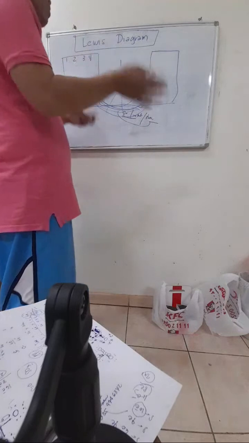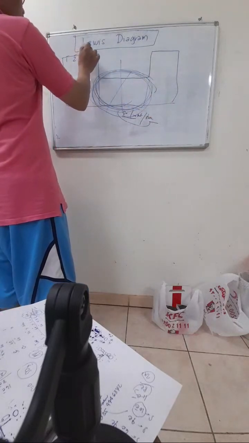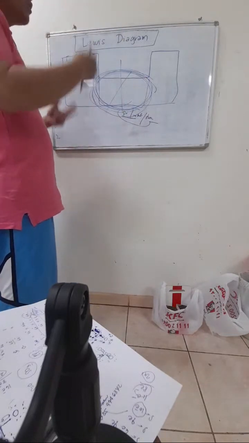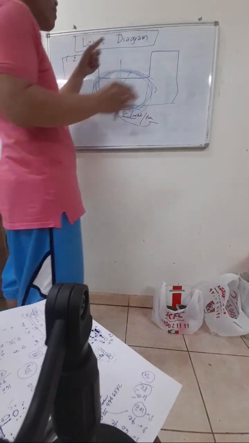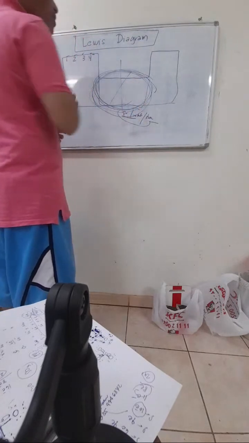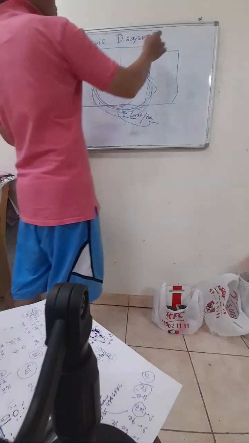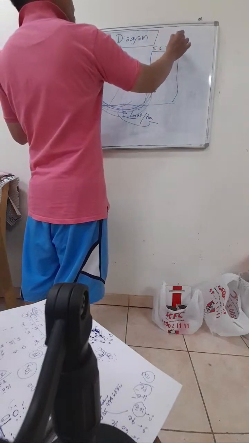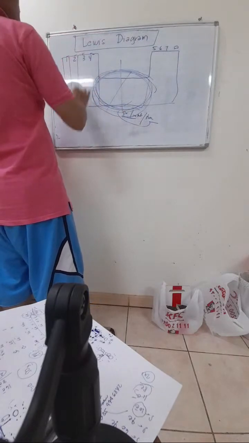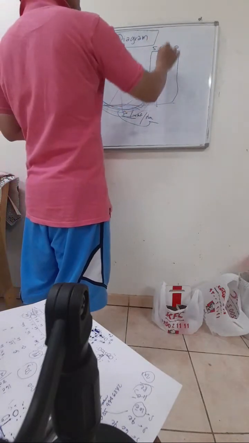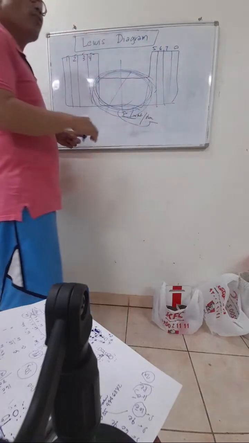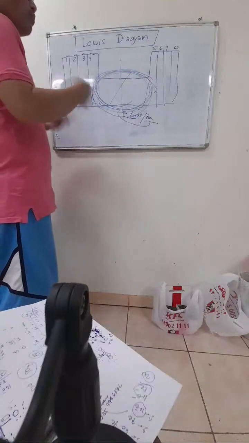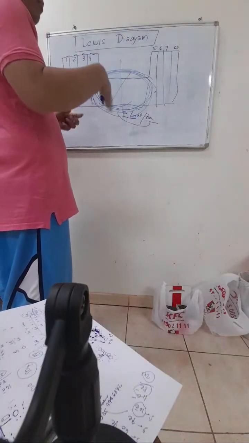This is not included in our numbering of valence electrons. They also have electrons, but for the specificity of our topic, the Lewis diagram, we exclude these transition metals. We go directly here: 5, 6, 7, 8. You remember these as group A, group B, group C, and so on, or group 1, group 2, group 3, up to group 8.